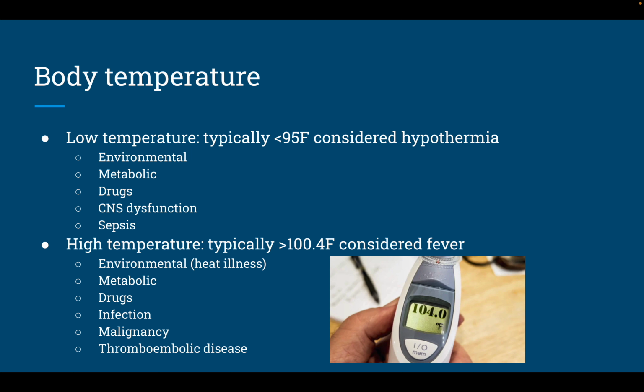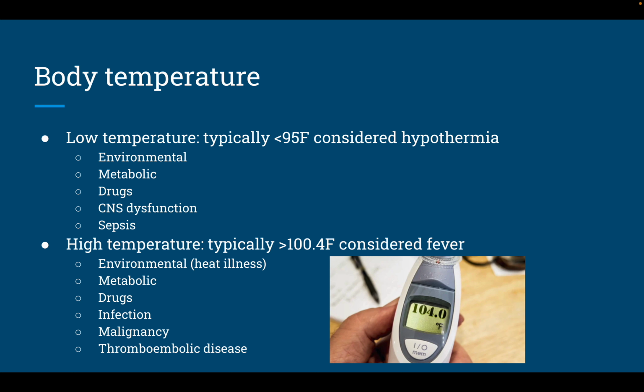And we may also see other things like metabolic issues, things like hypothyroidism, different medications, abnormalities in the central nervous system, sepsis, or an overwhelming bloodstream infection, where, particularly in newborns and infants, you might see low temperatures as opposed to fever in response to a bad infection.